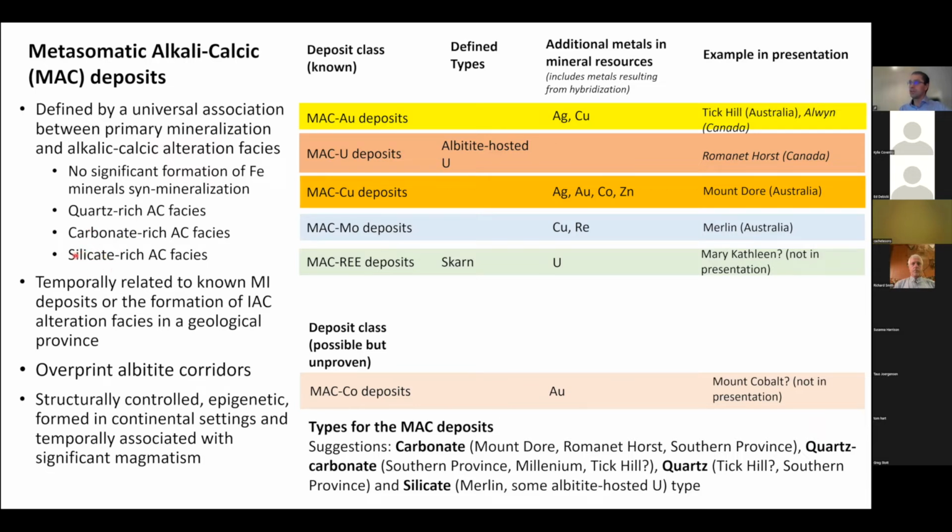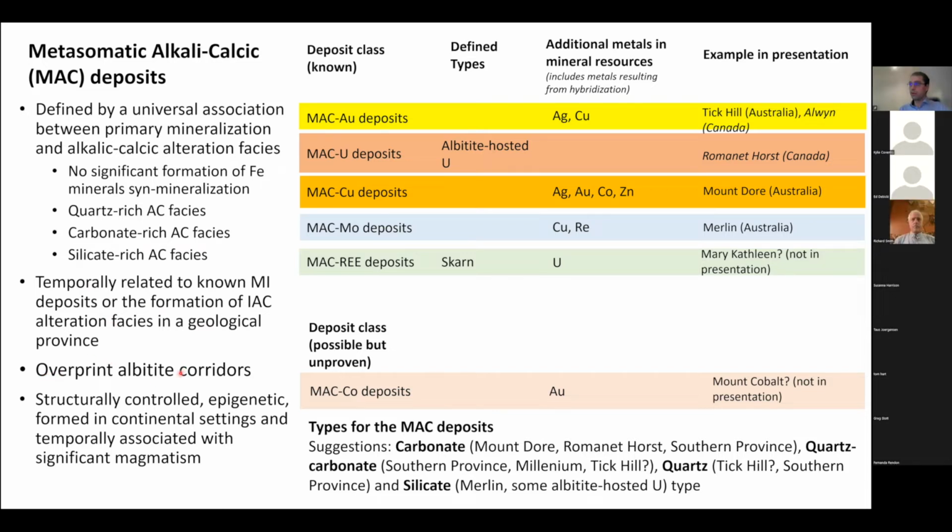And there seems to be an association between quartz and certain metals, carbonate and certain metals, and silicate with certain metals. They will be temporally related to non-metasomatic iron deposits, or the formation of iron and alkali calcic alteration facies in the geological province. So this temporal relationship is extremely important in order to classify something as metasomatic alkali calcic mineralization, because this really provides a relationship between the two groups.